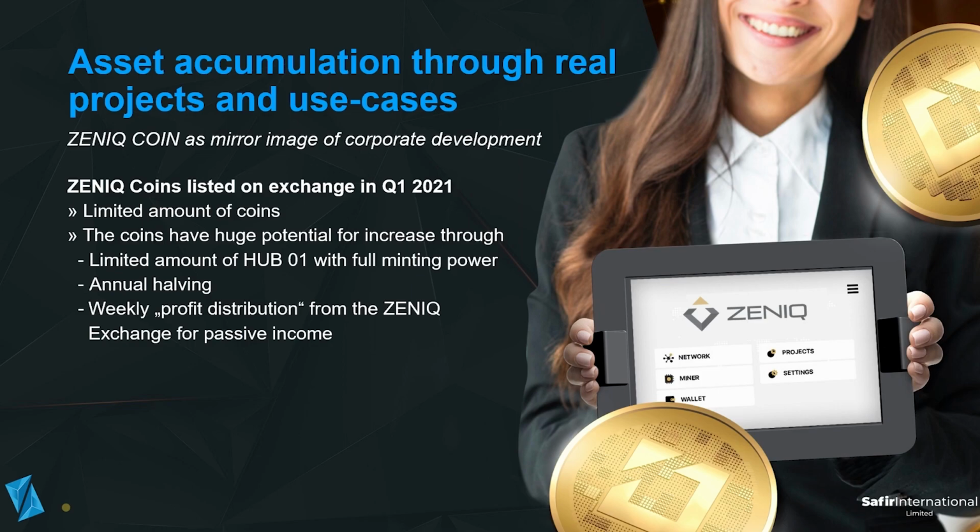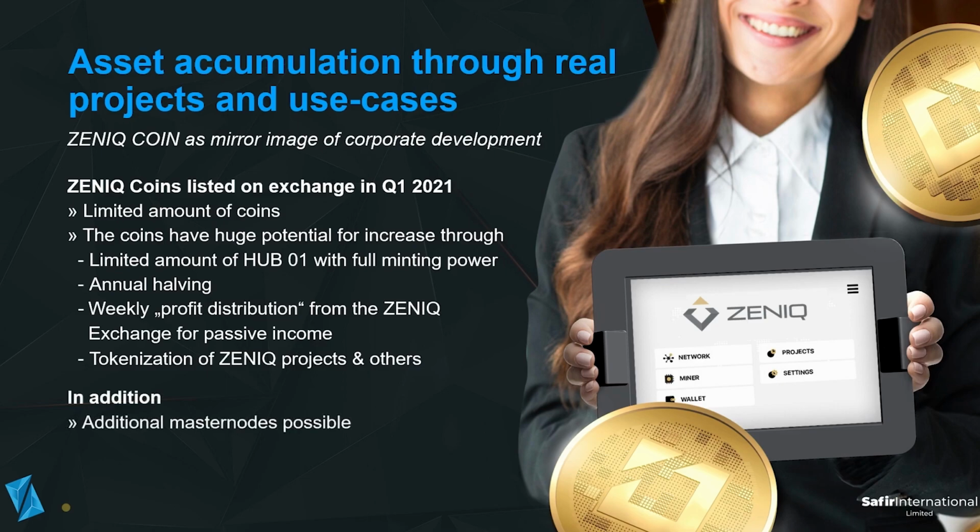Also, there will be tokenization projects on the Zeniq blockchain. The CEO of the investment bank, the OCS investment bank, said that he will have at least 3 to 4 tokenization projects on the blockchain by the end of this year. And also, in addition, there are more masternodes possible on this device.